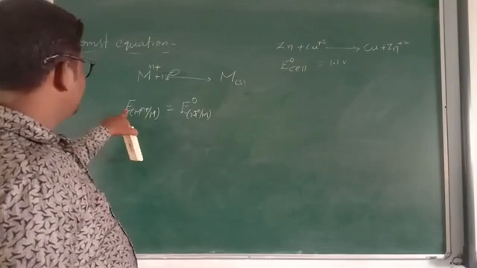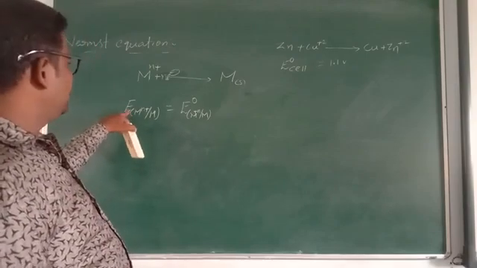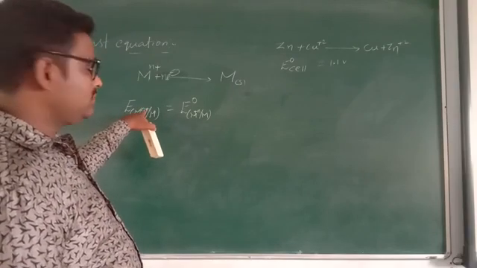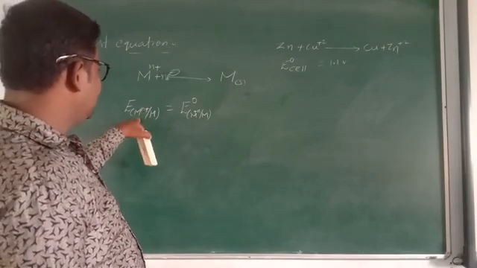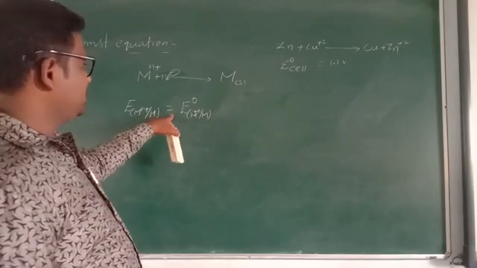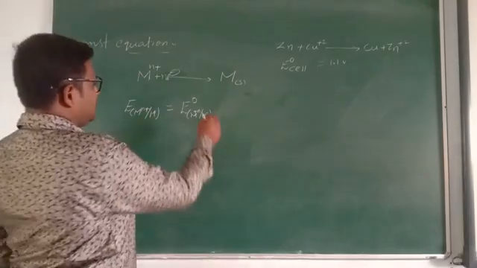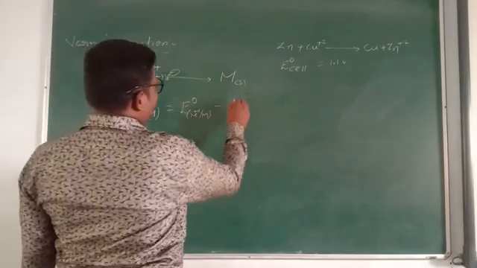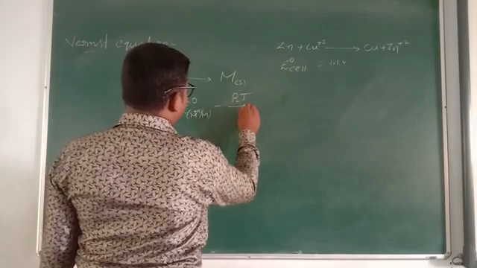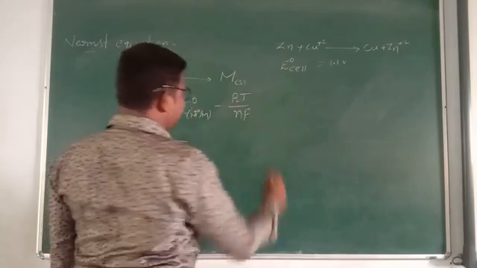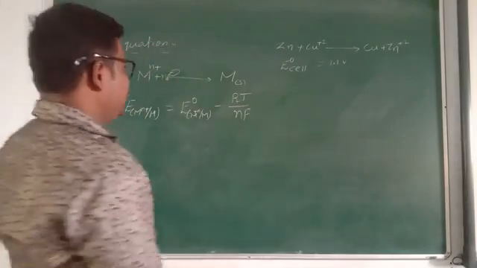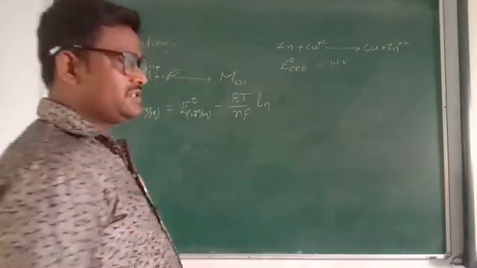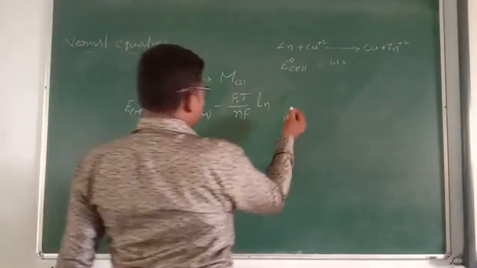Now at any concentration, that electrode potential, E of M n plus slash M, is equal to E naught, the standard electrode potential of that electrode, minus RT by nF ln. Here ln means logarithm, similar to logarithmic calculations.